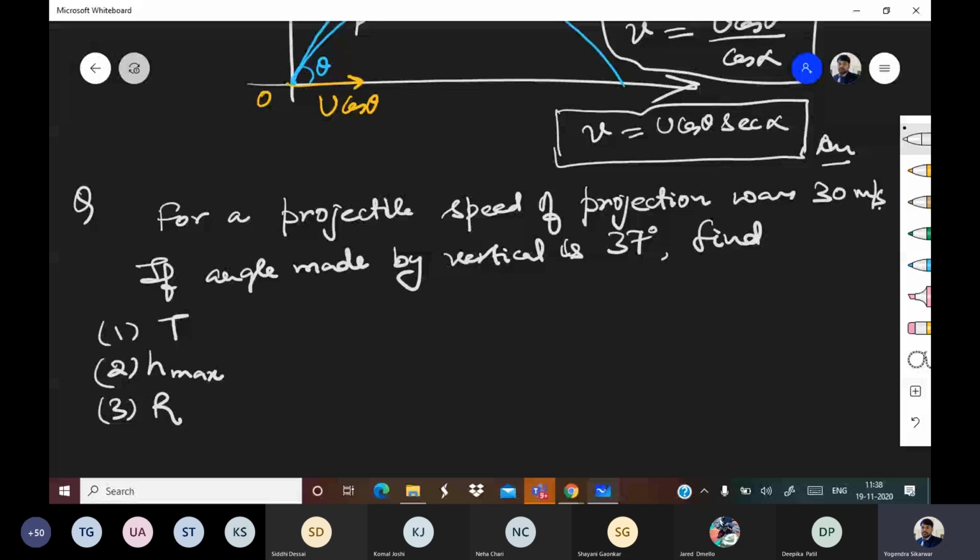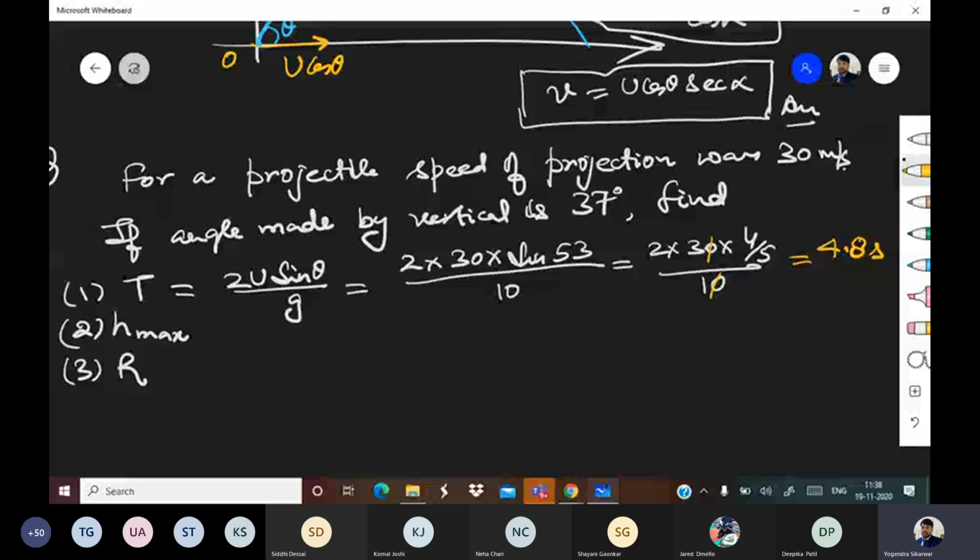That comes out to be how much? 4 into 3, 12 into 2, 24 by 5 means 4.8 seconds. How many of you got 4.8 seconds?